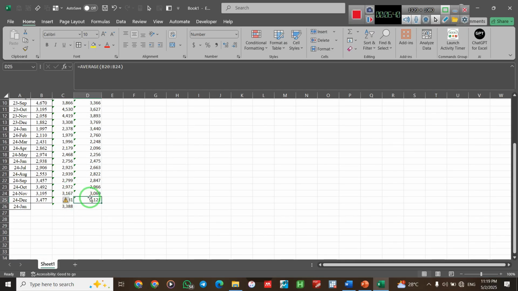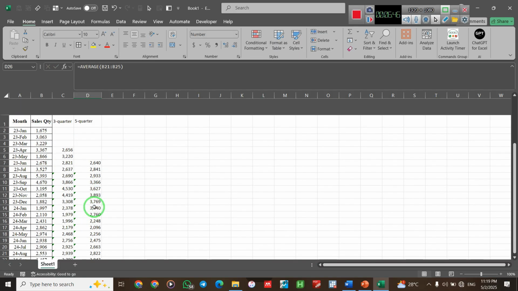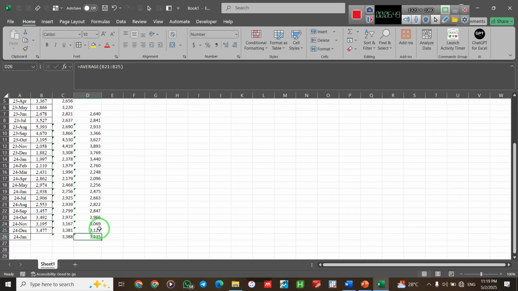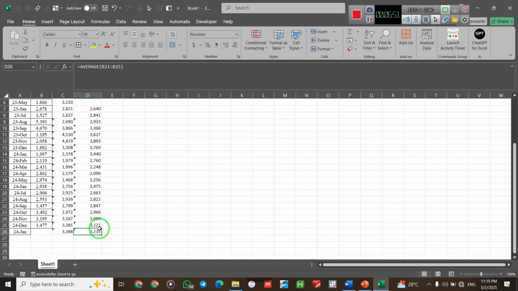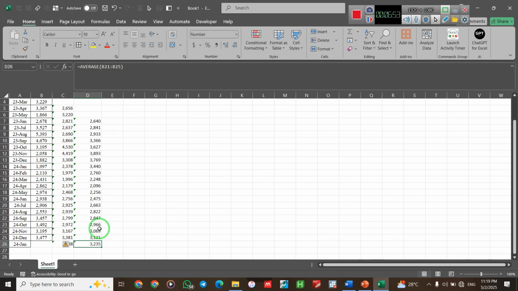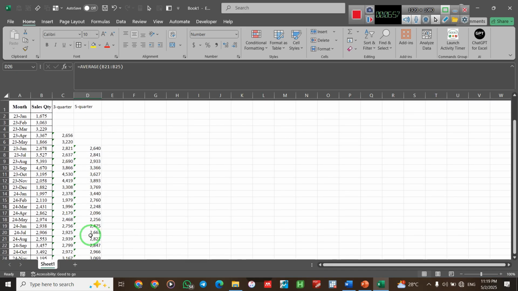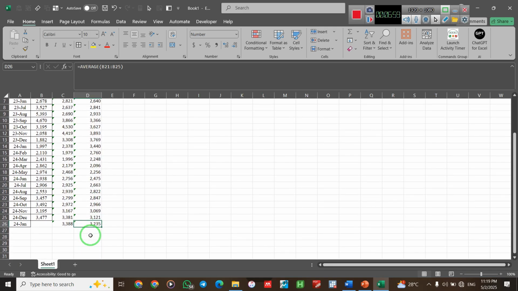And for the 5 quarter moving average you have to do the same, that is paste here, so you can identify what will be the sales in January 2025 using the 5 quarter moving average, right?